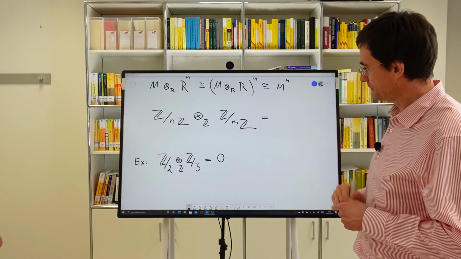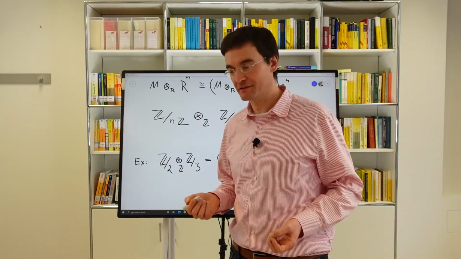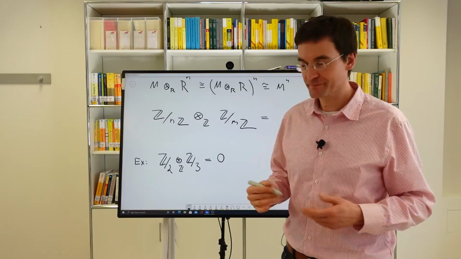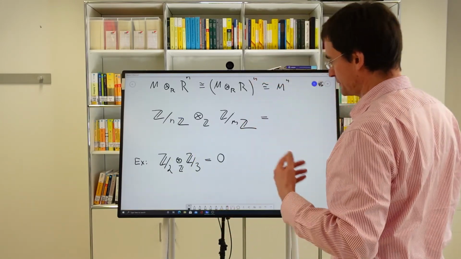How do you show that? Well, one way to show that is to show that every elementary tensor that you can write down is 0. And since the tensor product is generated by the elementary tensors, this has to be the 0 module.